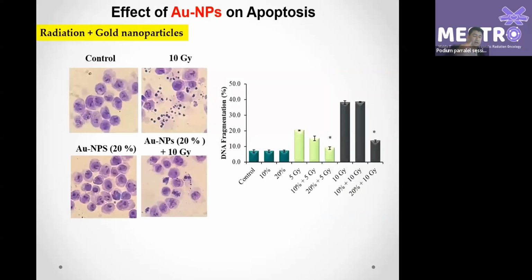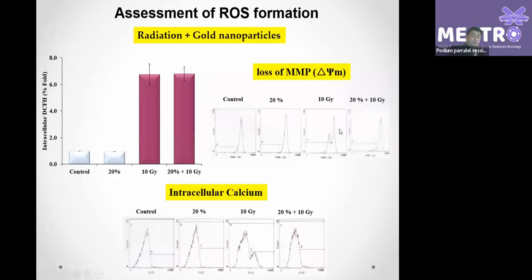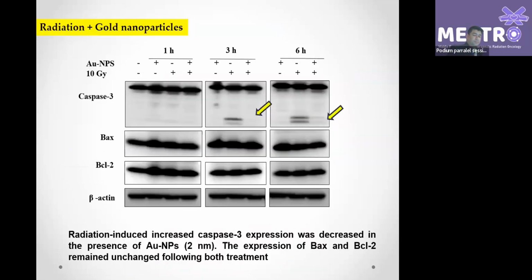We confirmed this with a lot of experiments. You can see here that apoptosis was completely inhibited in the presence of small size nanoparticles, and DNA fragmentation was also protected. Loss of mitochondrial membrane potential and intracellular calcium changes were also protected by these gold nanoparticles. These are very classical Western blots.